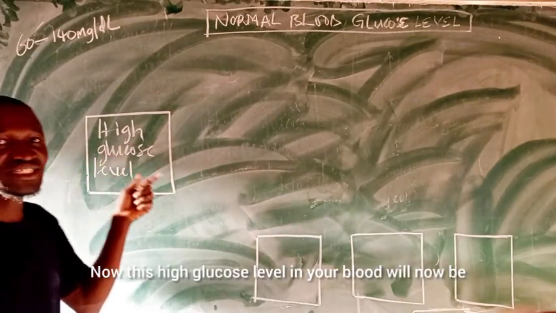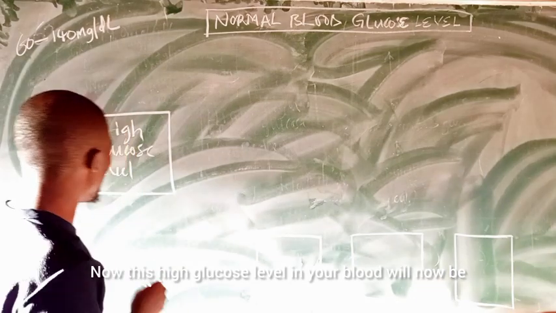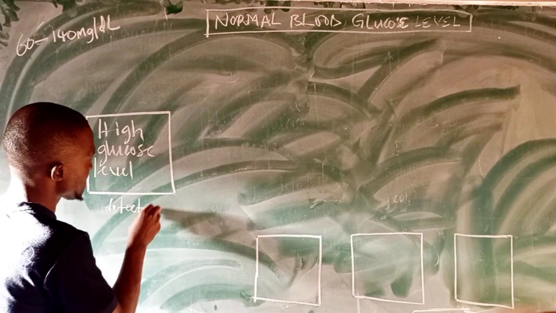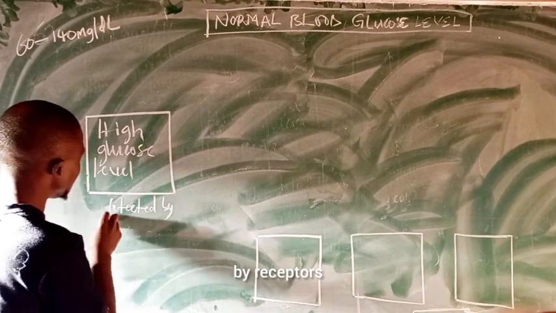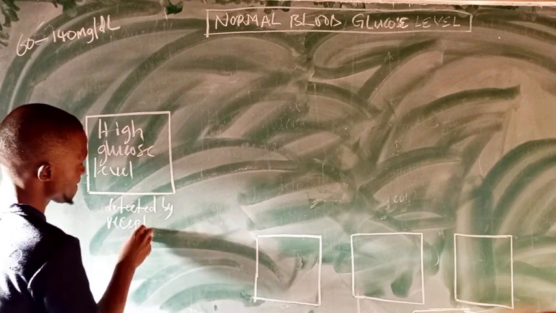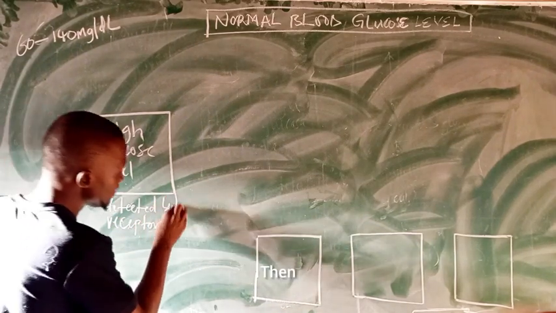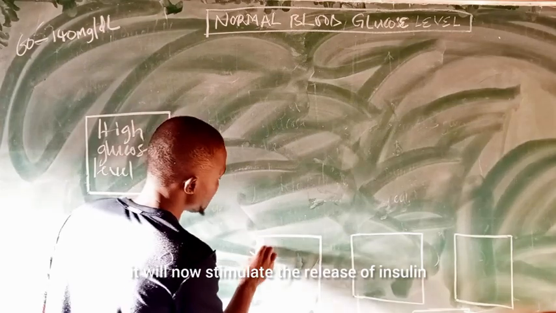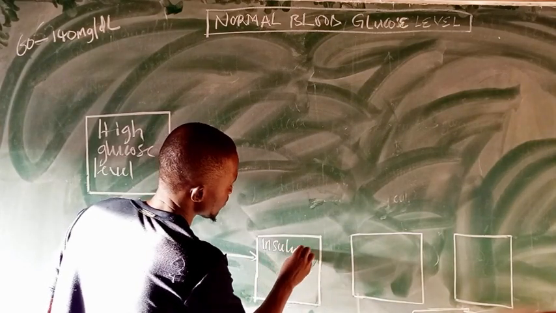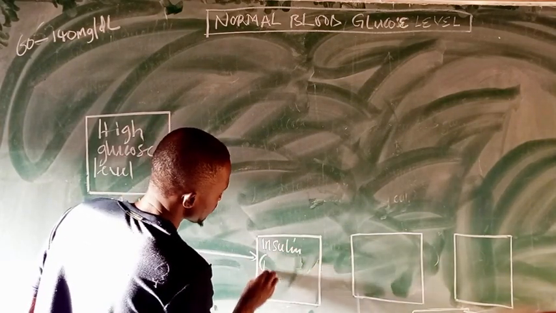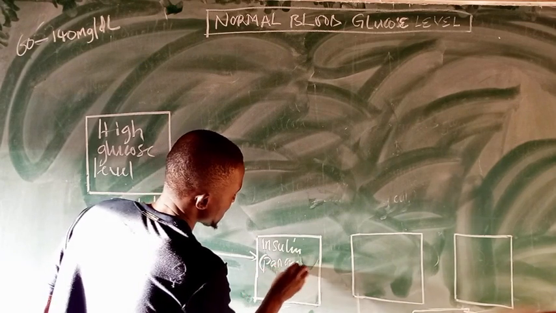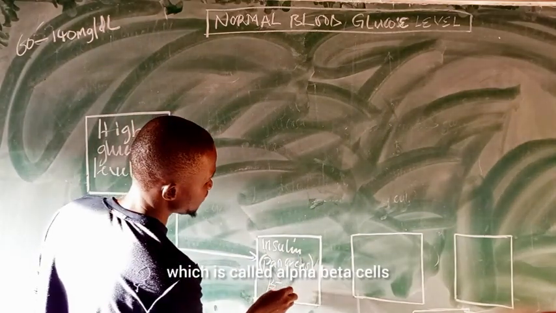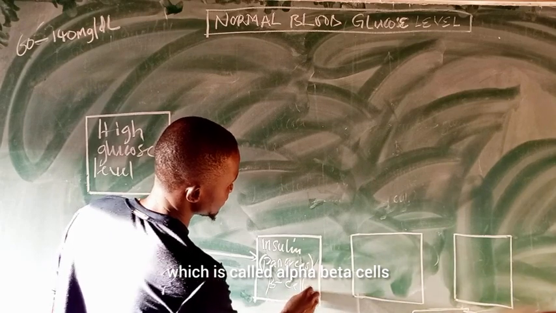Now, this high glucose level in your blood will be detected by receptors. Then it will stimulate the release of insulin from the pancreas, from the beta cells.